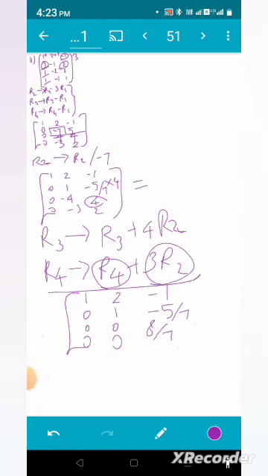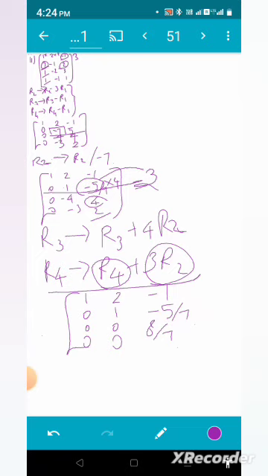So we can multiply this second row with 3. Multiply with 3. So 0 minus 0 is 0. Minus 3 plus 3, that is 0. So I can put 0 here. Then 2 plus minus 5 into 3 is 15.